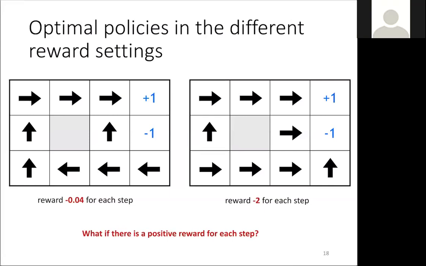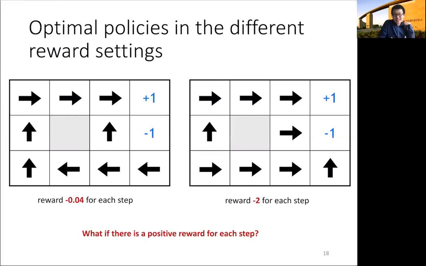It goes towards the right, then up, then towards +1. Not really. So when you get to +1, then you'll end the game, right? Then you no longer enjoy the positive reward. Oh, I see. So it continues to move in a square type of fashion.